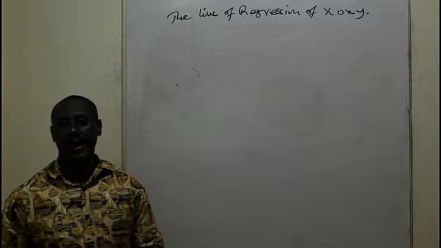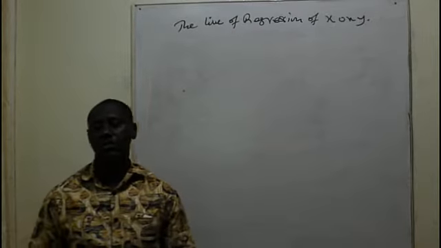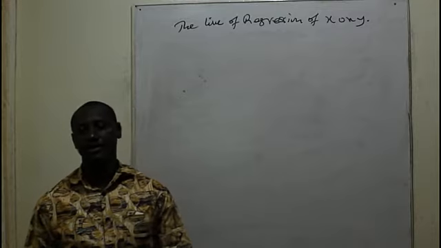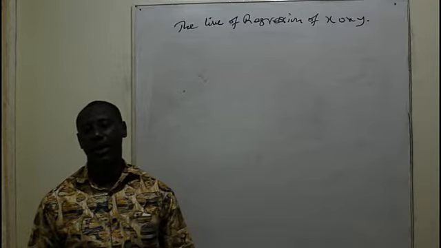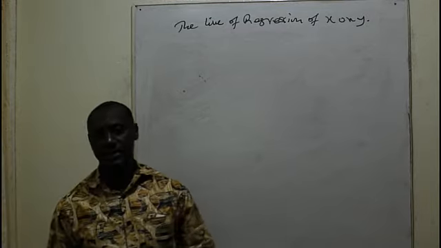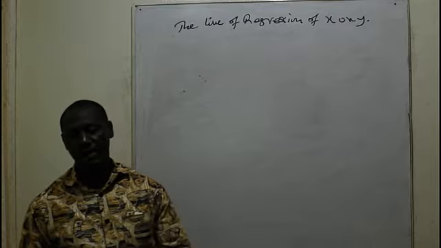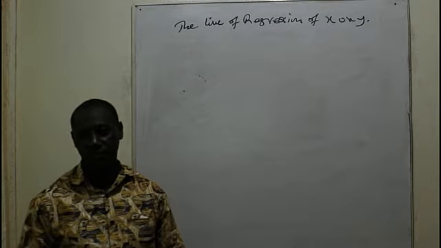The normal is that in the first lectures that we had, our focus was on regression of y on x. We said that when we have y on x, it means that y is dependent on x. Therefore, x becomes the independent variable, and y the dependent variable.